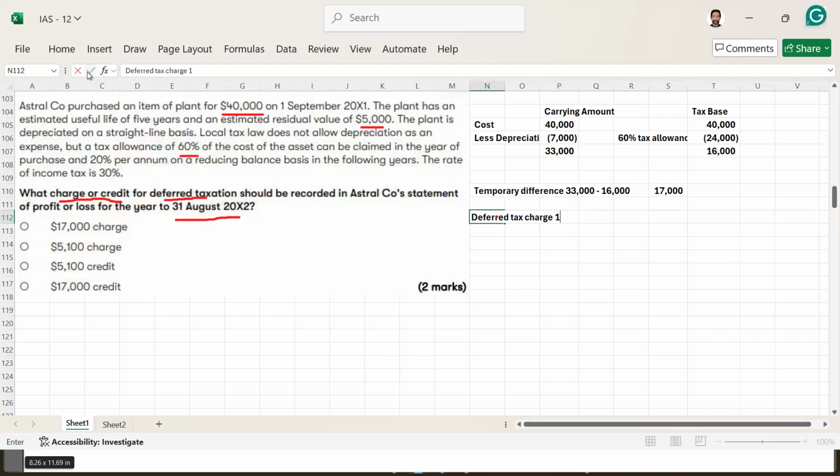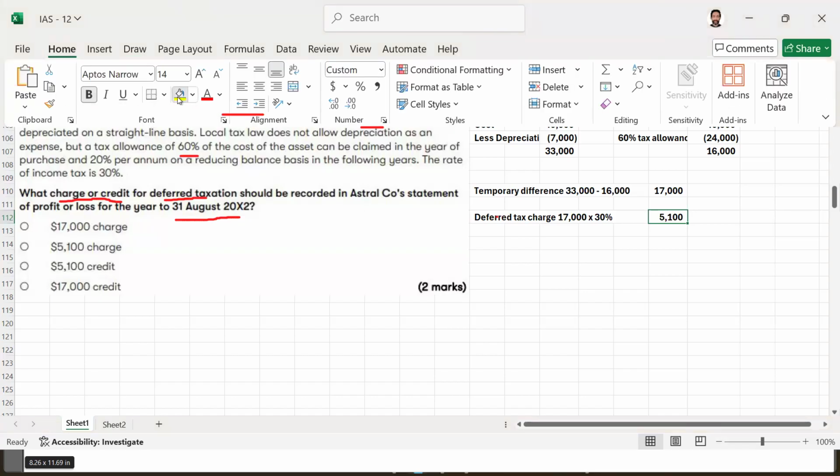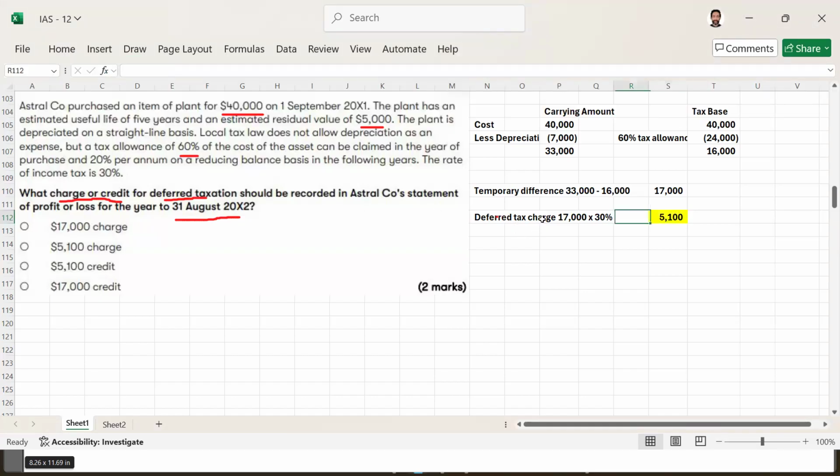The deferred tax charge is going to be 17,000 multiplied by 30%, the tax rate. The answer is a tax charge of 5,100. So let's underline this, that it's a tax charge here. So the answer is 5,100 tax charge, the second one.